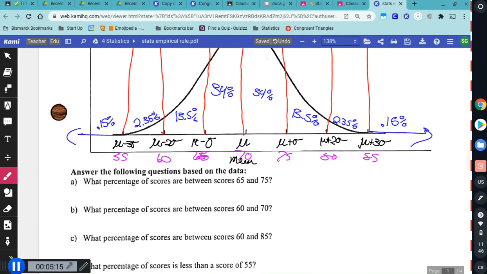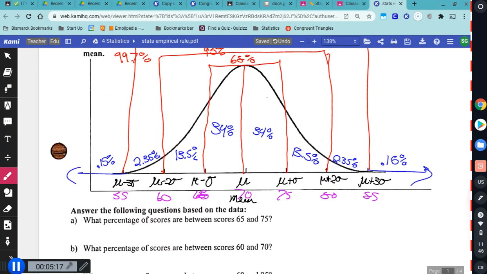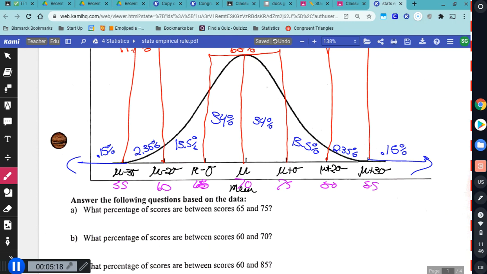Okay. What percent of the scores are between 65 and 70? Sorry, it froze a little bit. We're looking at from here to here. So good, 34%. What percent of the scores are between 60 and 70? Okay, so you're adding 34 and 13.5%.